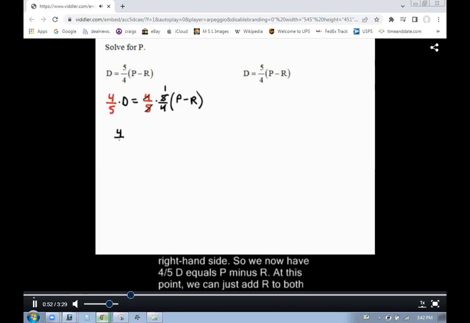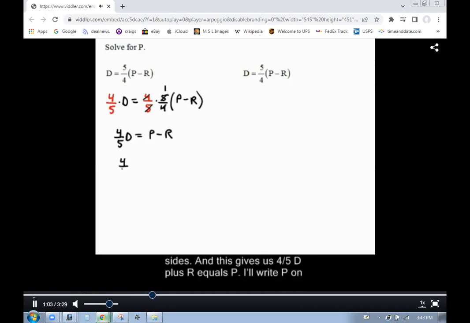So we now have 4/5 d equals p minus r. At this point, we can just add r to both sides, and this gives us 4/5 d plus r equals p. I'll write p on the left-hand side, and p equals 4/5 d plus r.